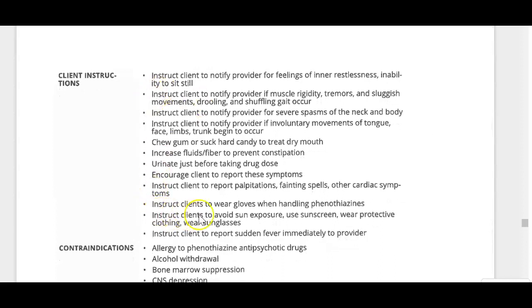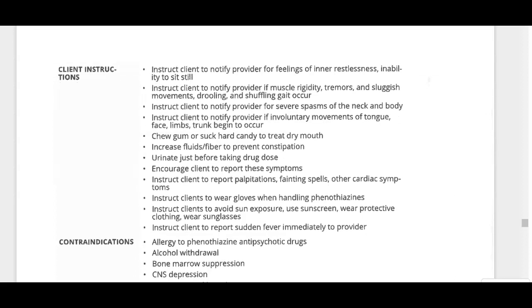We went over all of this too. It all relates back to the safety alerts of tardive dyskinesia, dystonia, akathisia, and neuroleptic malignant syndrome.